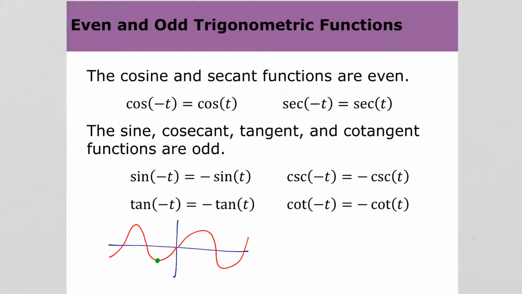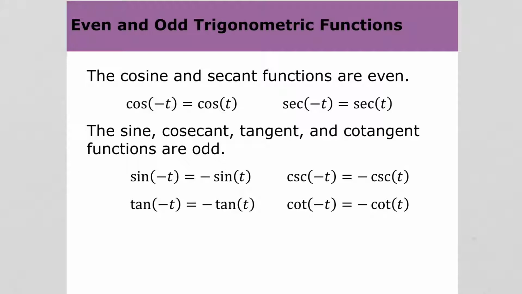Here, negative pi over 2 is negative 1, and pi over 2 is positive 1. So whatever you've got, if you've got negative pi over 2, then you get a negative sign for your answer. So that's a little bit of an explanation about why the even and odd functions are the way they are.